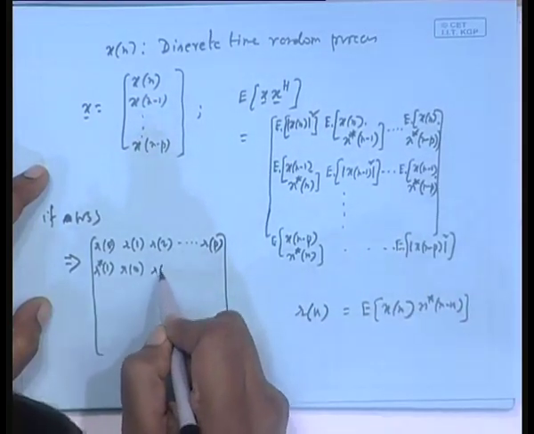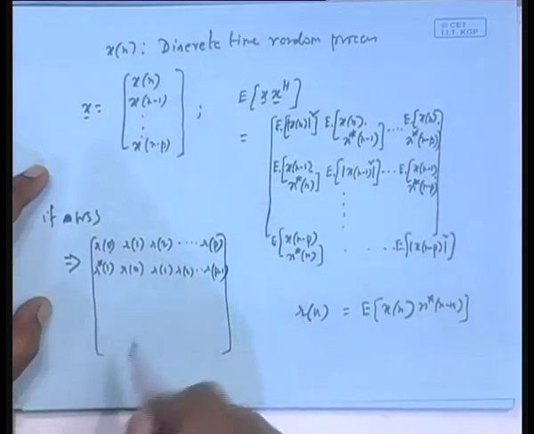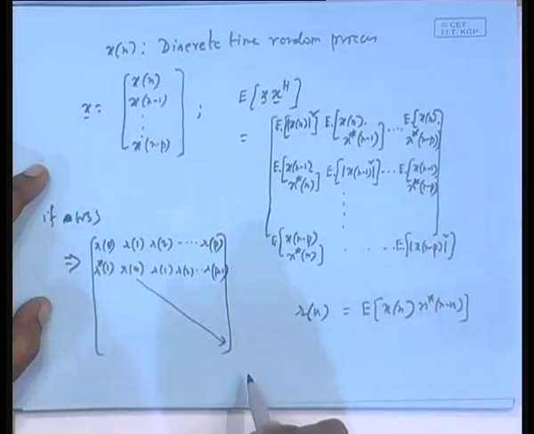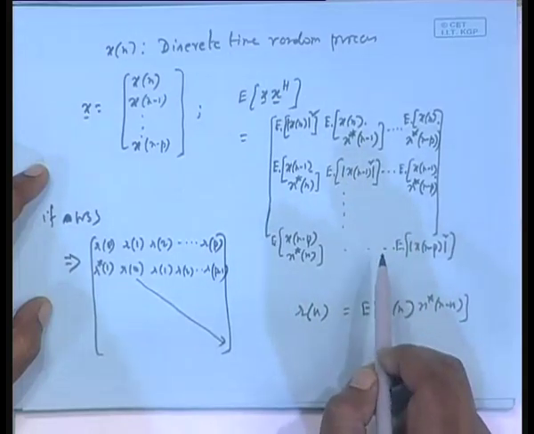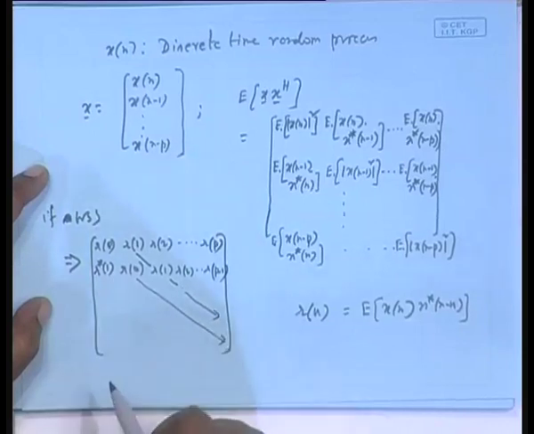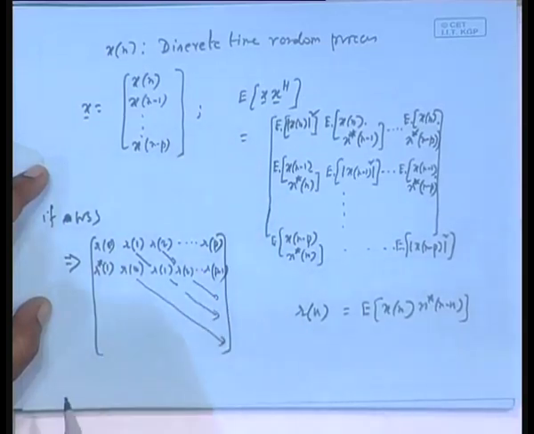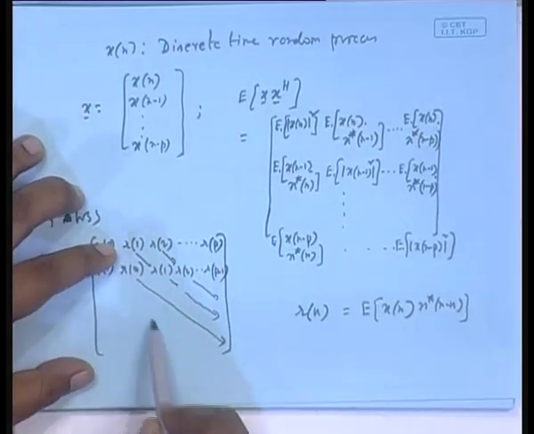R1, then R2, dot dot dot Rp minus 1. You will see along this diagonal R0 will propagate because of stationarity, whether it is E of mod xn square or E of mod xn minus 1 square. Similarly, along this subdiagonal R1 will propagate, along this subdiagonal R2 will propagate, and so on and so forth. And on this side, whatever is the element, that also will propagate.